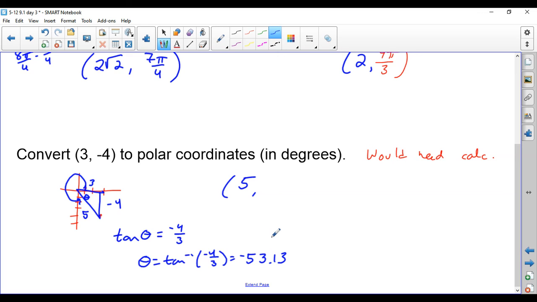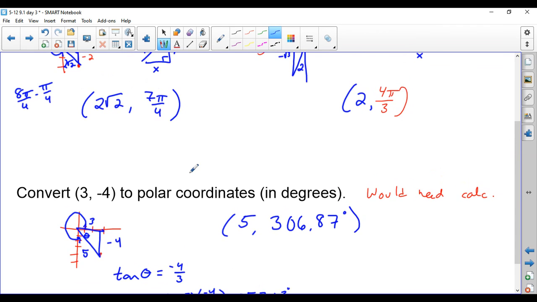Or if you used positive 4/3, you would get positive 53.13. What I have to realize is if I get this negative angle, that's how many degrees short of 360 I am. I'm going to do 360 minus 53.13 to get that this angle is 306.87 degrees. And if we were doing these problems, we would leave them in degrees.